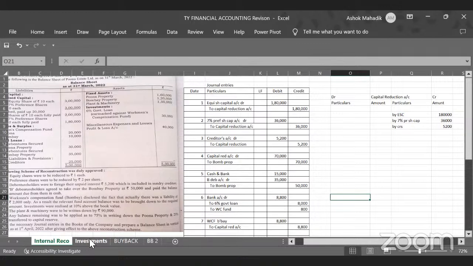Second short note, consolidation and subdivision of shares. Next, methods of internal reconstruction.